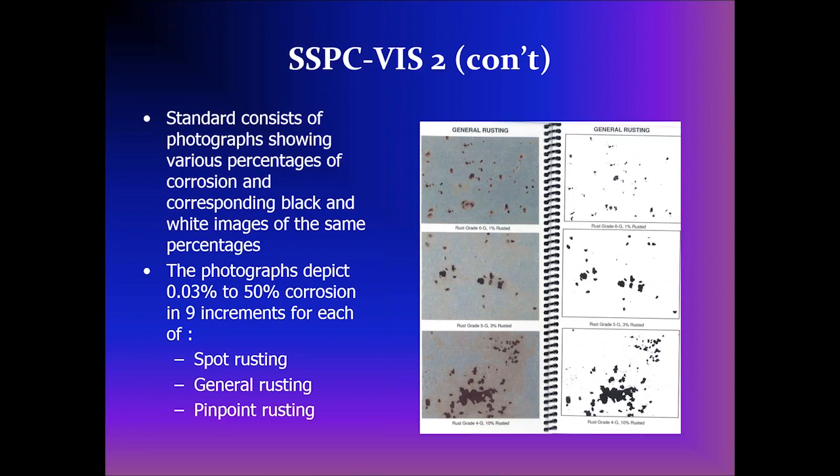What you see here is general rusting, but also has spot rusting, larger spots showing the different percentages, and also has a series of photos for pinpoint rusting, showing the appearance of pinpoints of rust over those same percentages. What you see here is general rusting, 1% photo on the top left, 1% the black and white images. The middle one, 3%, and the bottom one is 10%.